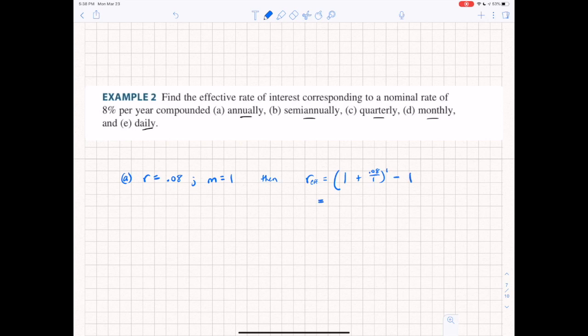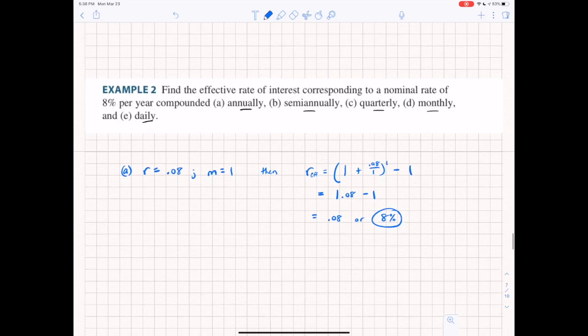Well, notice this inside here is just going to be 1.08 minus 1, which is 0.08 or 8%. And this should make sense because if we're just compounding once per year, then that is my simple interest rate. And like we've compared before, the simple interest rate and compound are the same when we compound annually.